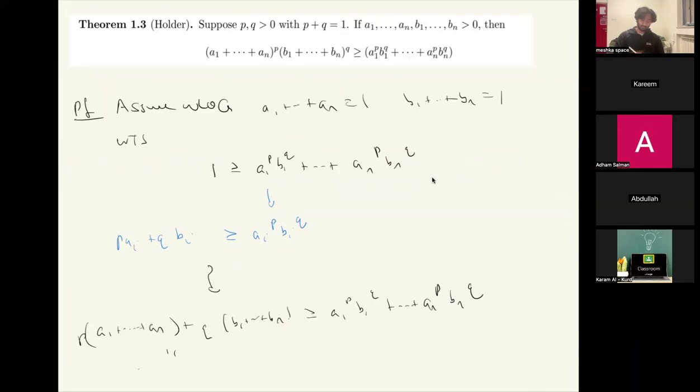So this is equal to P plus Q, which is 1. And that proves the inequality. Does the proof make sense?